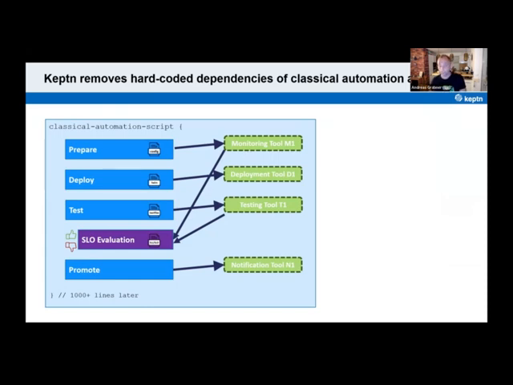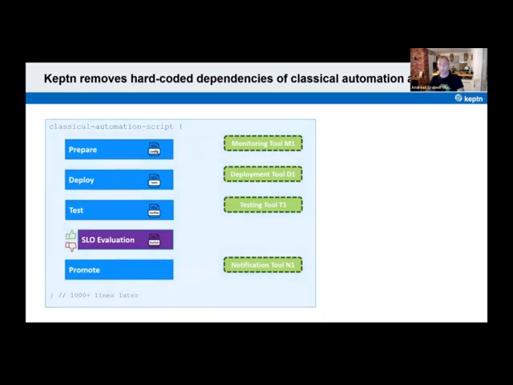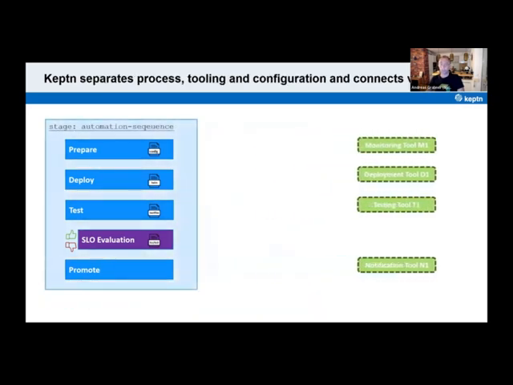So we've seen, like with the Christian example earlier, automation scripts that were more than 1,000 lines long because they had hard-coded integrations and tasks: prepare, calling a tool, deploy, calling a particular tool with a very specific integration. So instead of having everything hard-coded in one big automation script, we need to remove those dependencies. We need to allow you to separate the process from the tooling and the configuration.